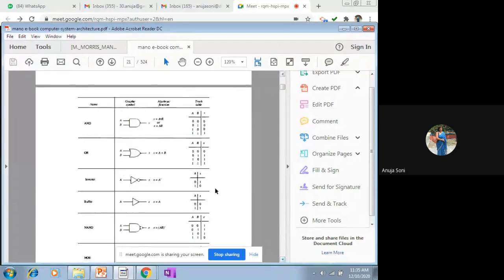This is the list of all the logic gates which are used in your integrated chips, and the integrated chips basically are graphically represented by their logic circuit diagram. And this logic circuit diagram, or your combinational circuit, or you can call it an integrated chip, is nothing but a connected series of all the gates.